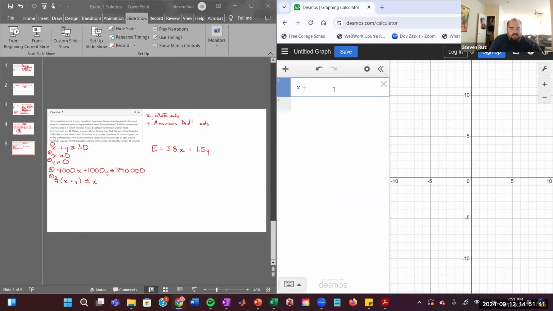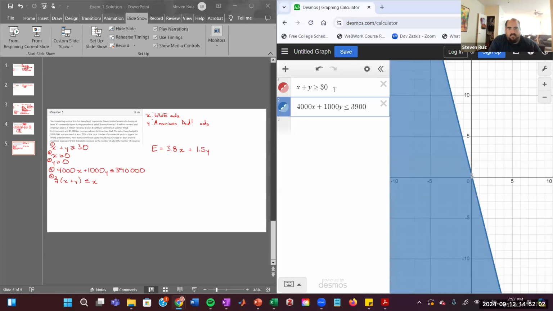So x plus y greater than or equal to 30. I'm going to leave off the x and y being greater than or equal to 0. I might not need those. It might just be easy to visualize without them. So 4,000x plus 1,000y is less than or equal to 390,000.